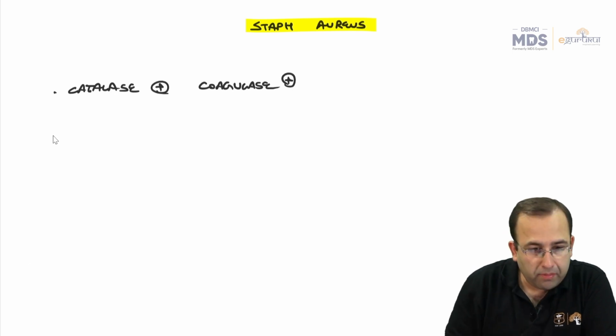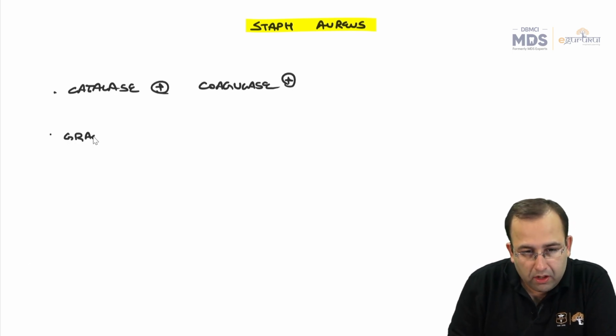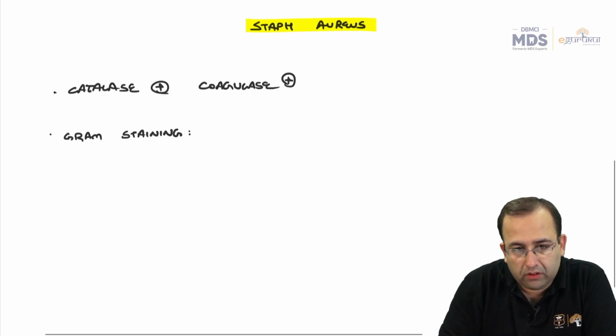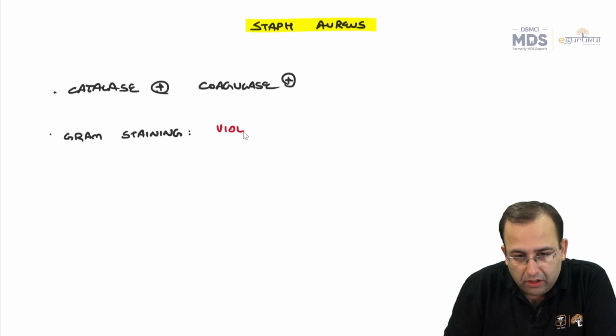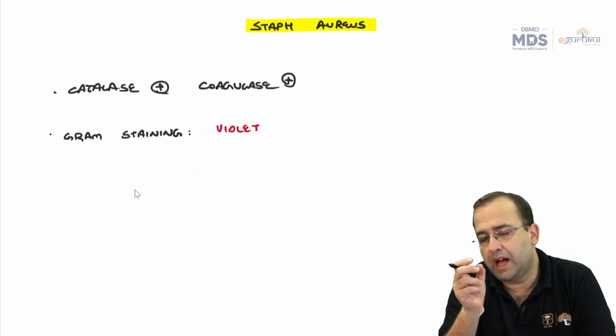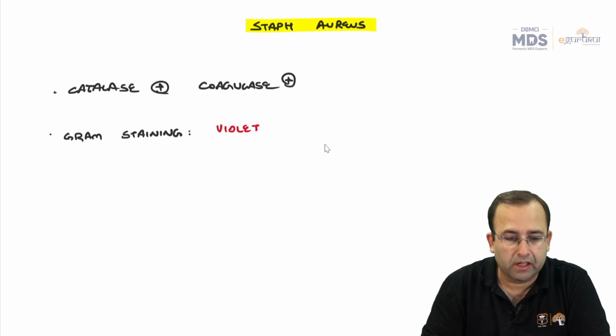You know that. On gram staining, again you know it is gram positive. That means it shows the presence of violet colored colonies, and staph means they are present in aggregates.